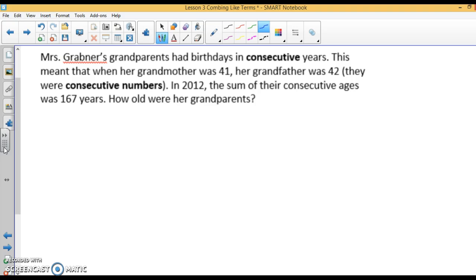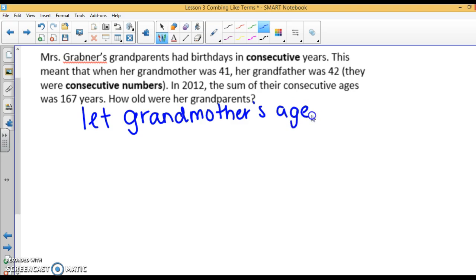So I want to set a variable first. So since her grandmother was a year younger than her grandfather, I'm going to say let her grandmother's age equal x.